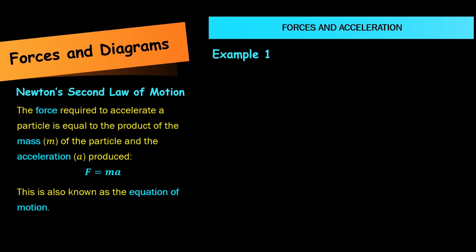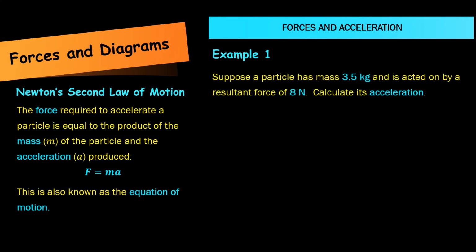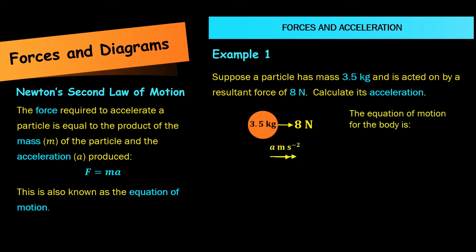Now let's take a look at another example. Suppose a particle has mass 3.5 kg and is acted on by a resultant force of 8 N. Calculate its acceleration. The equation of motion for the body is F equals ma.